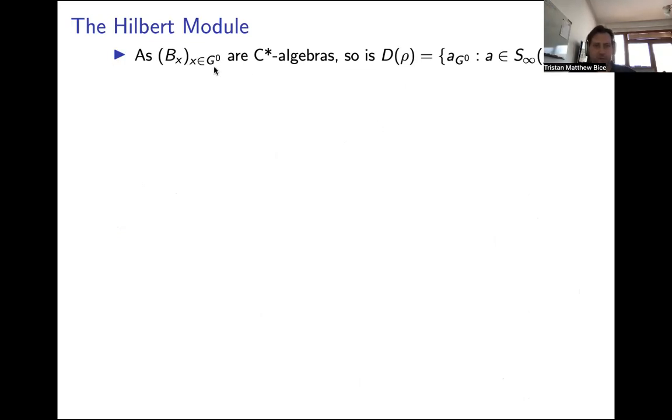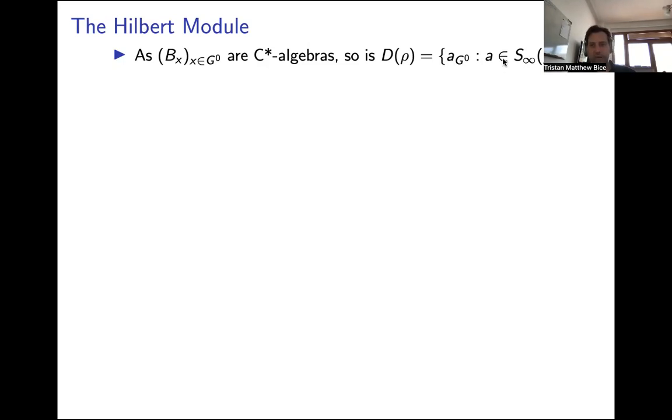So the first thing to note is that we get a C-star algebra. We wanted to show that, you know, these sections, more general sections are C-star algebras. But one thing we can actually note immediately is that if we restrict to sections which are supported on the unit space, then these do indeed form a C-star algebra. So in this case, convolution just reduces to pointwise multiplication within the unit fibers.